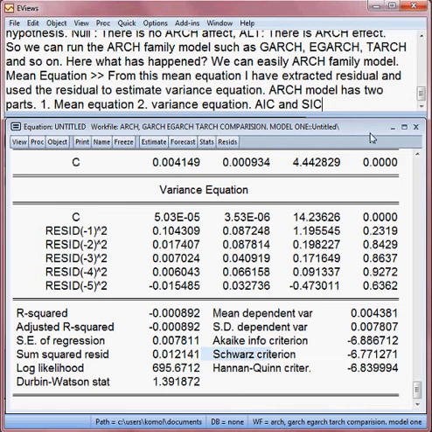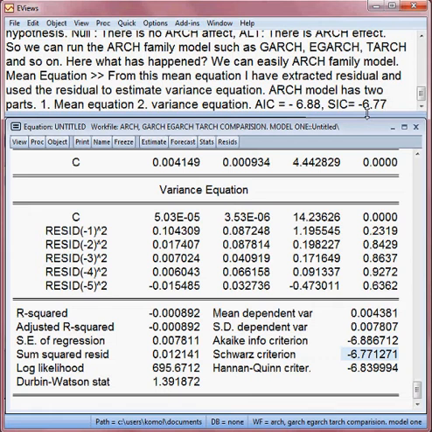For this model, what is the value of AIC? The value for this model is minus 6.88. And the value of the Schwarz criterion, which I take as SIC, becomes minus 6.77, right?